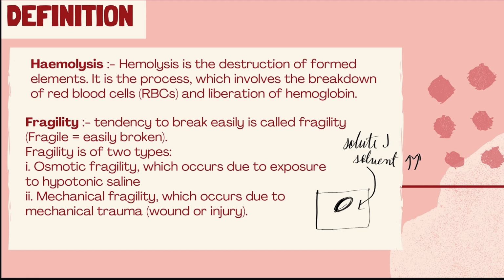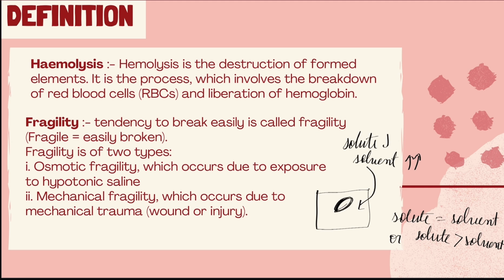However, in case of RBCs, let us consider that it is in an isotonic or normal state, that is the solute and the solvent might be equal, or the solute might be slightly higher than the solvent. So what is happening is that by law, this is the rule of nature, water moves from a region of higher concentration to lower concentration.